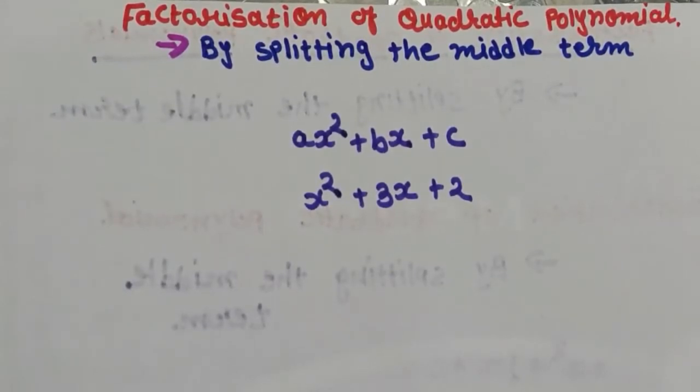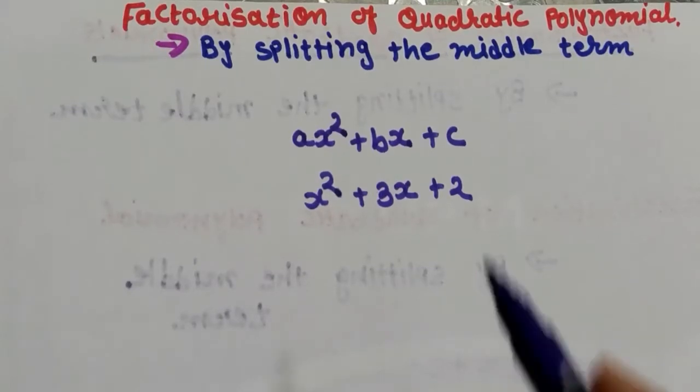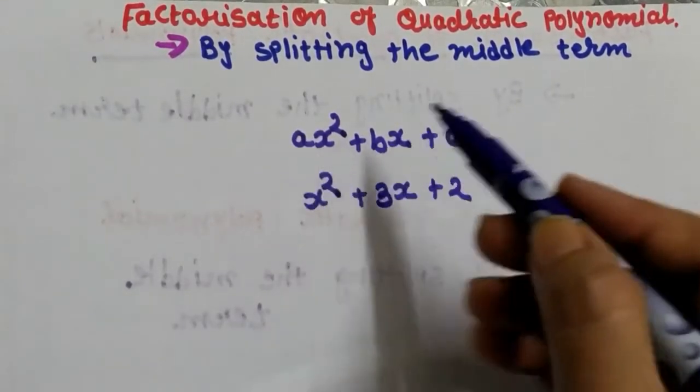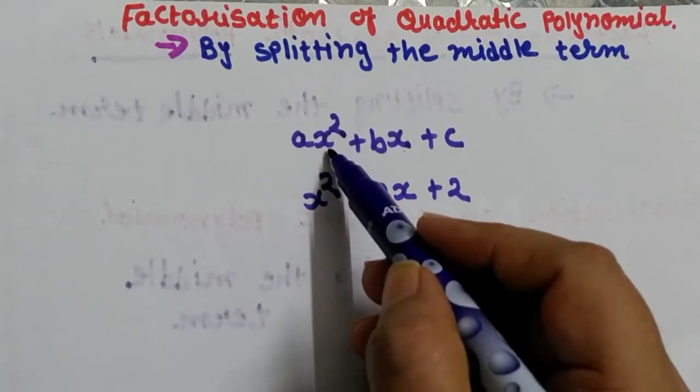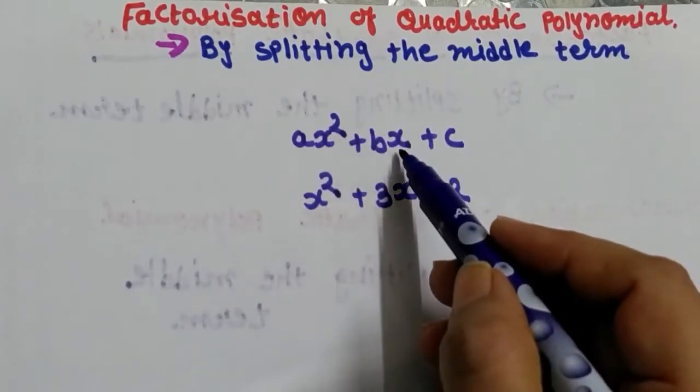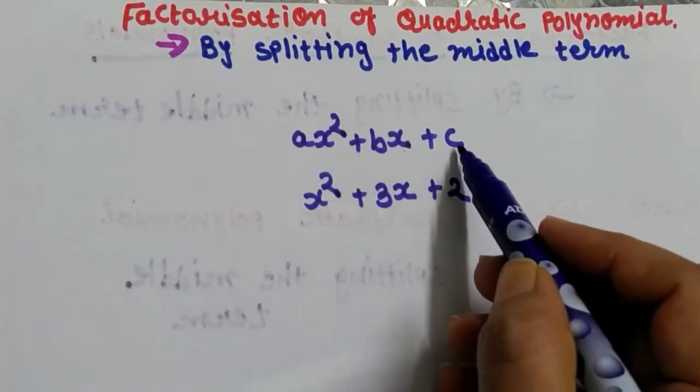Now we have the question, how do we factorize x square plus 3x plus 2? As we can see, in ax square plus bx plus c, a is the coefficient of x square, b is the coefficient of x, and c is constant.